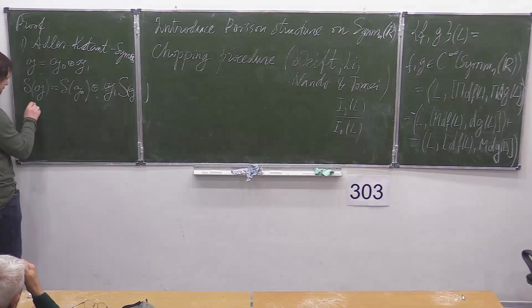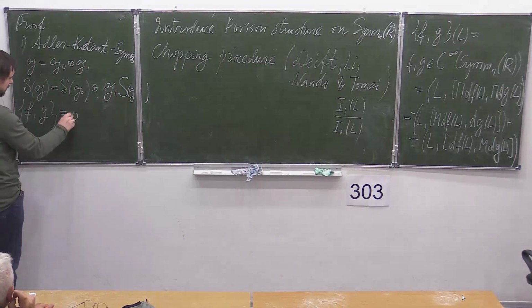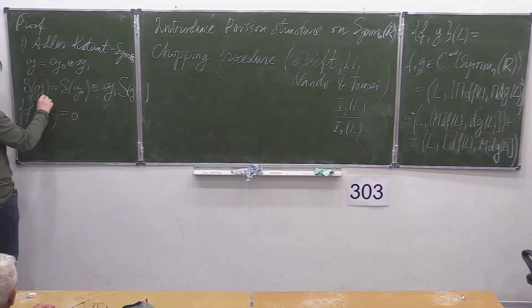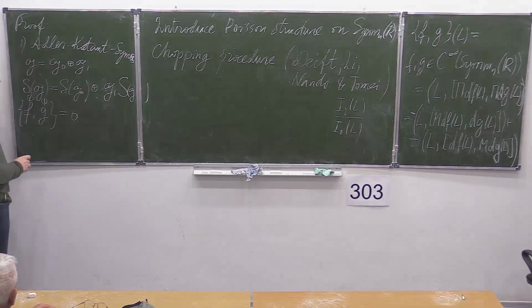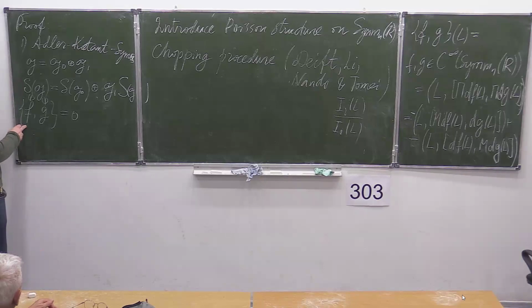Suppose now you have two functions, f and g, which commute with each other. They are elements in SG. They Poisson commute in the sense of the Lie-Poisson bracket.